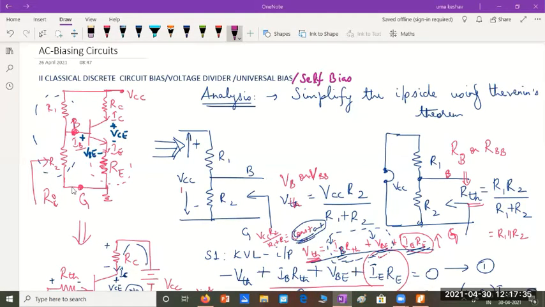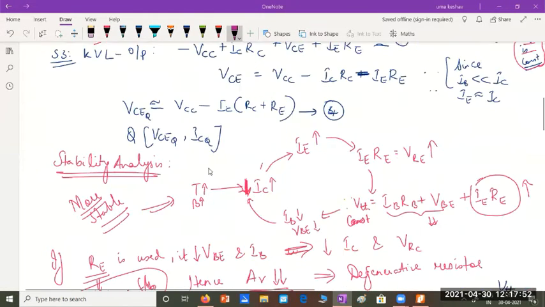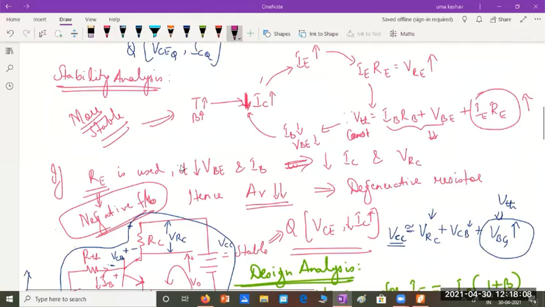A portion of the output would be subtracted from the input so that it will tend to reduce the incoming base current or incoming base emitter voltage. Hence, any increase in collector current because of temperature or beta values would be brought back down to normal because of this emitter resistance Re. That's why this is known as the self-bias arrangement.